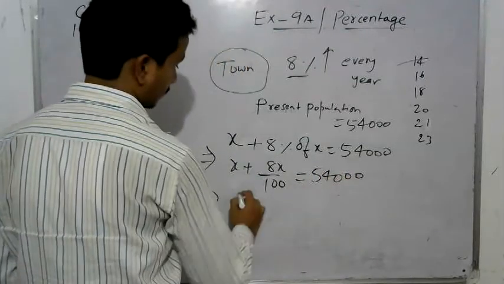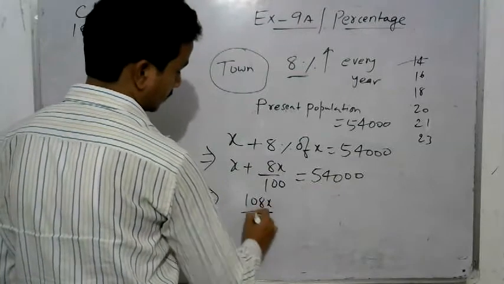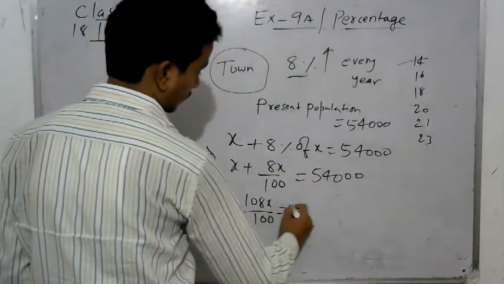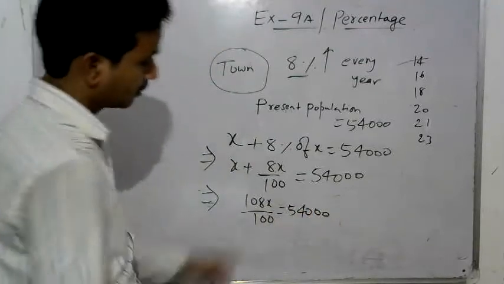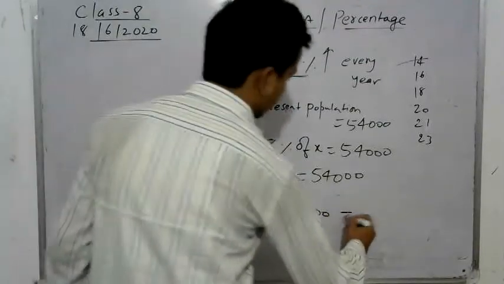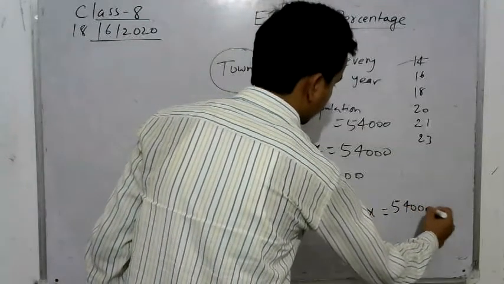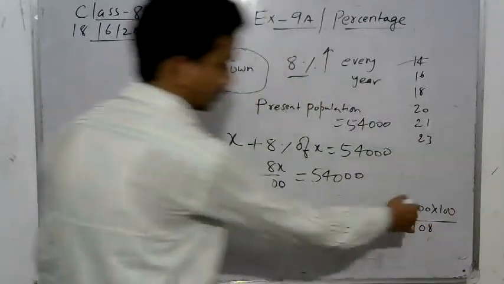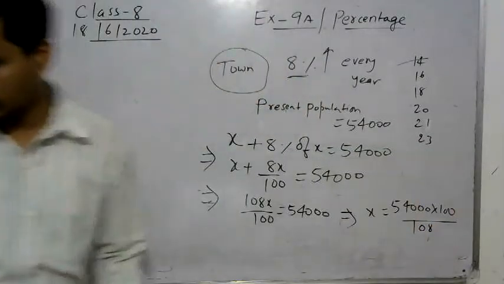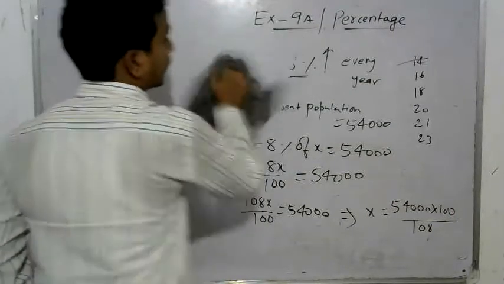You can take the LCM and solve it: 108X by 100 equals 54,000. Now from here you can find the value of X. This implies X will be equal to 54,000 into 100 divided by 108. You can solve it and find the answer. Now let us discuss the next problem.